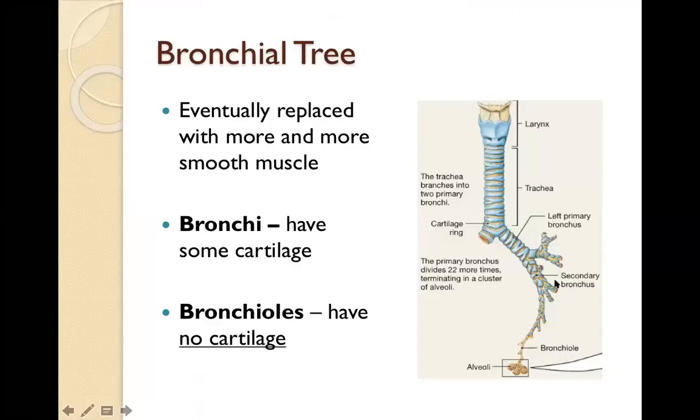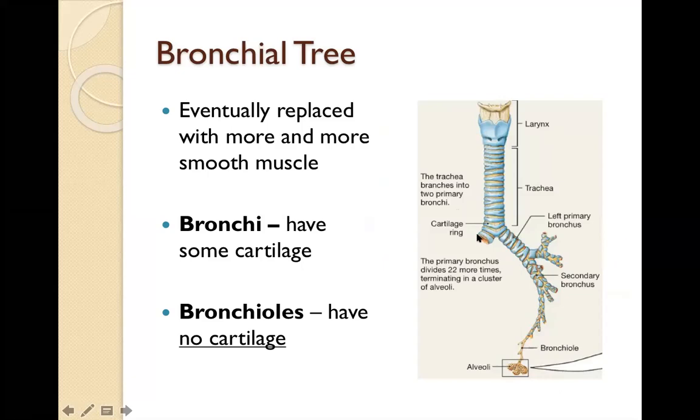Here we are. Okay. So the bronchial tree: what I want you to notice is that you get those primary bronchi. Each one is called a primary bronchus, and it goes to one lung each.